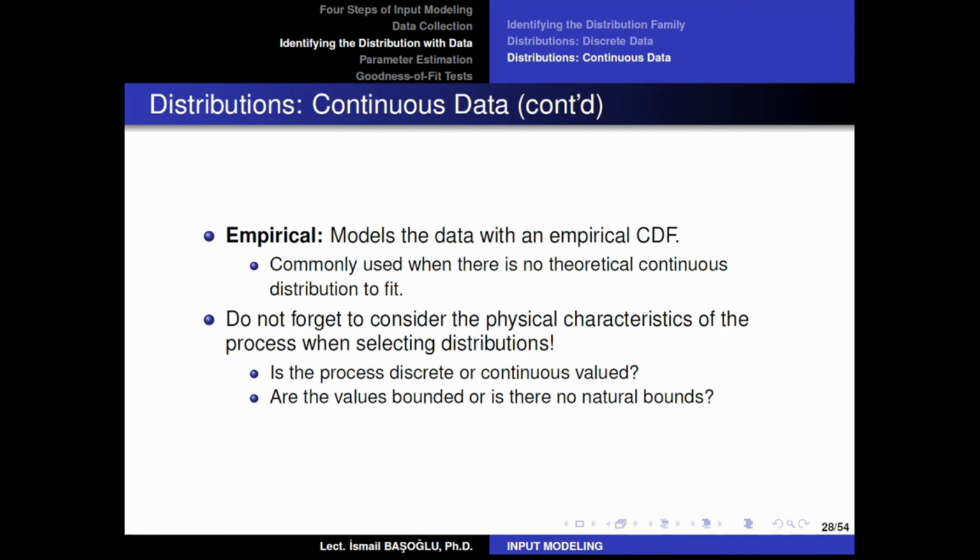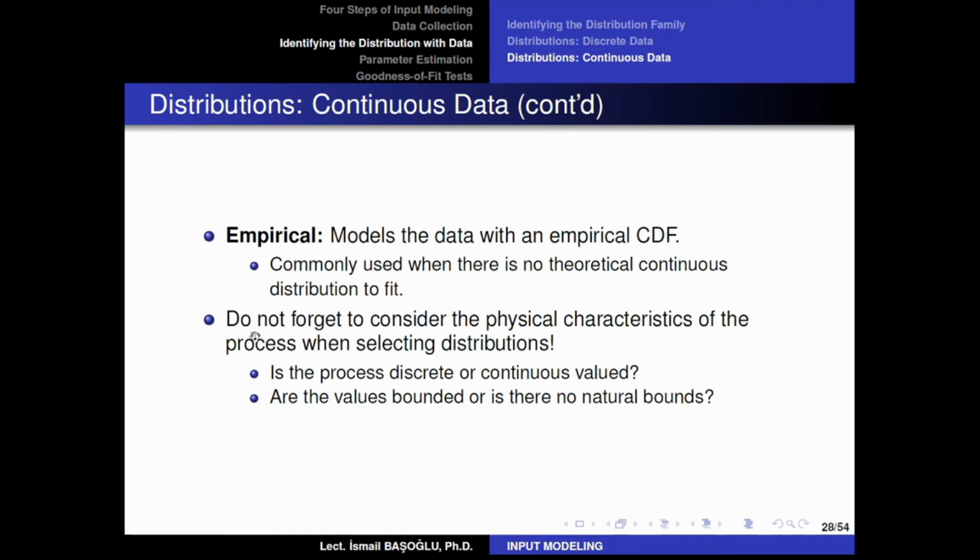And finally, my friends, if you do not have enough data to identify a model, or if you cannot find a specific model among these candidates by the goodness of fit test, then what you can do is use the empirical distribution and generate random variates from the empirical distribution, as you have done in the last chapter.